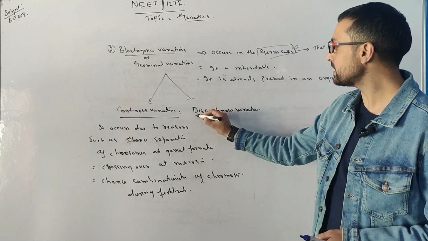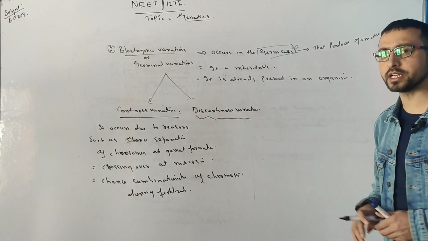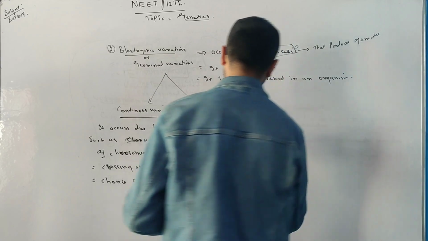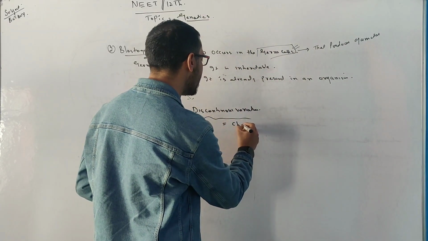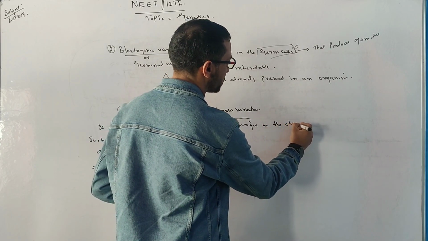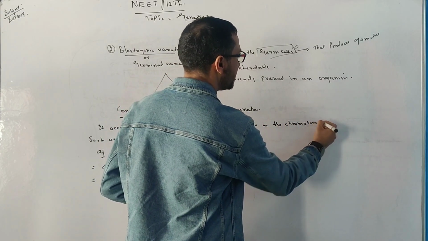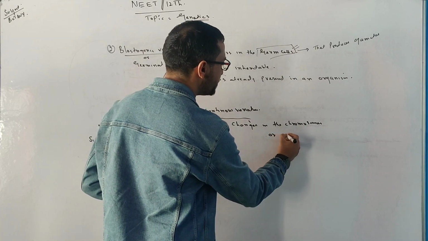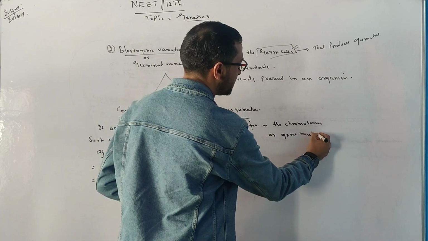So number second is discontinuous variations. So what are discontinuous variations? Discontinuous variation means change in the chromosomes, or gene mutation.